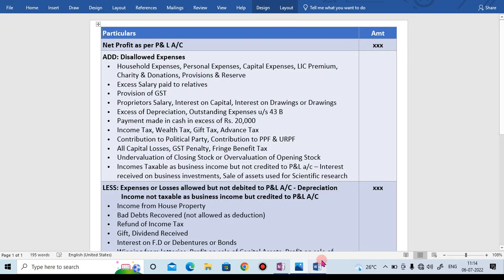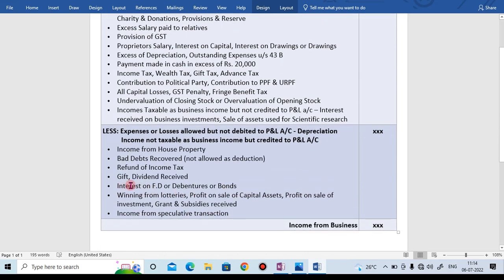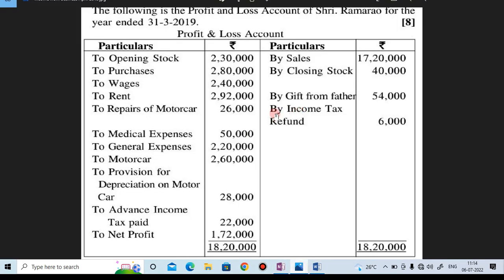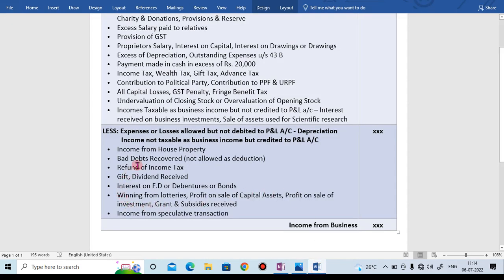So see this format, any type of gift. Gift from father, 54,000. Next is income tax refund, 6,000. Income tax refund is not related to the business income, still it is shown in the credit side of the P&L account.